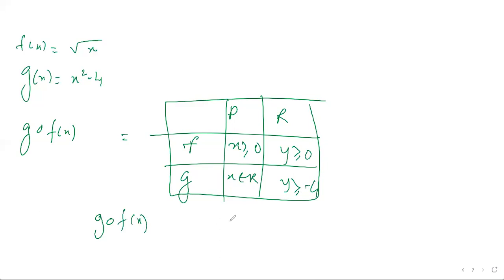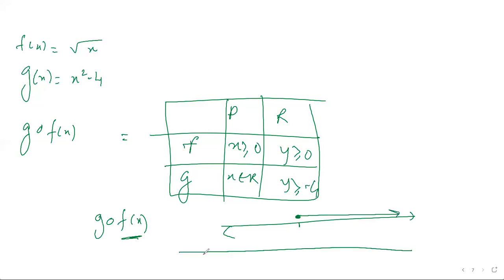First you look at the range of f, which is greater than 0, and the domain of g is x belongs to real numbers. So the range of f is inside the domain of g, which clearly says yes, because all the numbers that are y greater than 0 are also real numbers. Hence g of f will be defined.